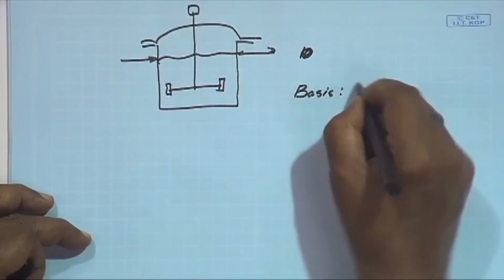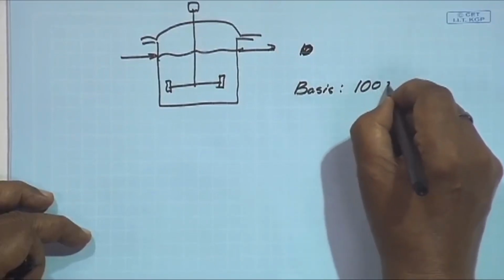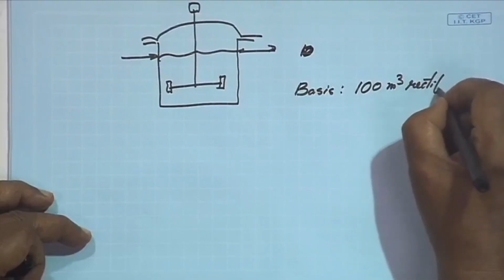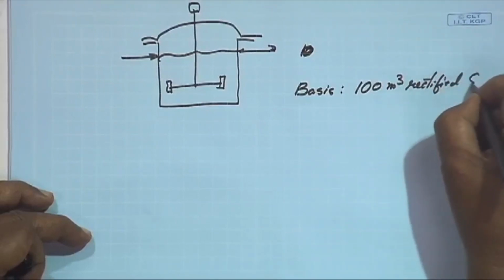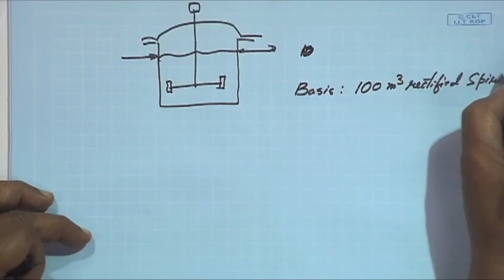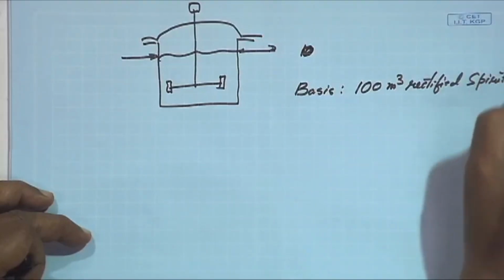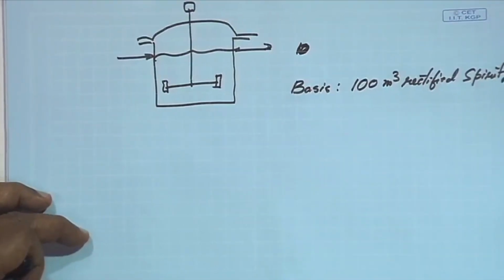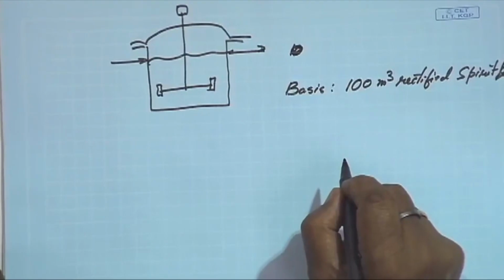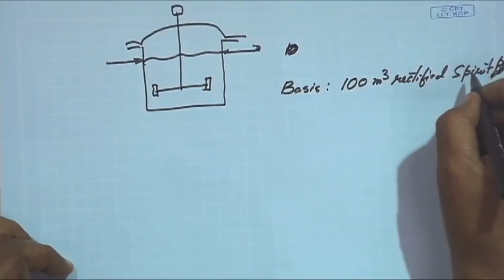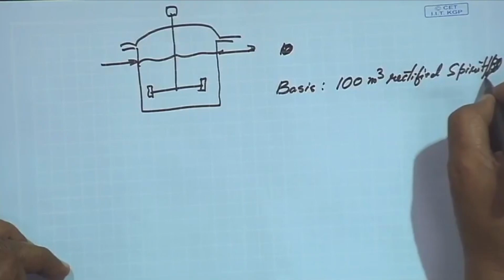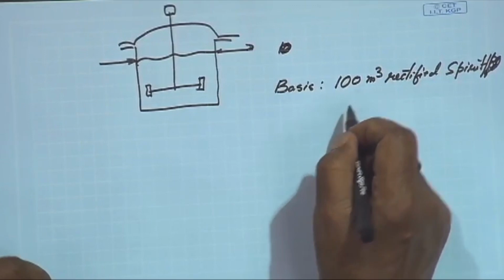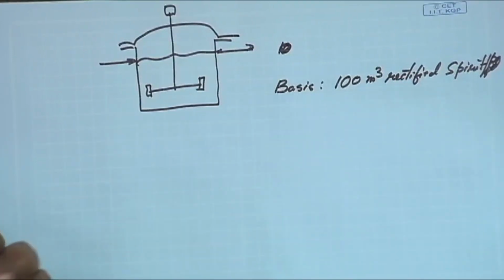Basis is 100 cubic meter rectified spirit. Let us assume this is the production per day. We can elaborate that. And it contains 90% volume by volume of ethanol.